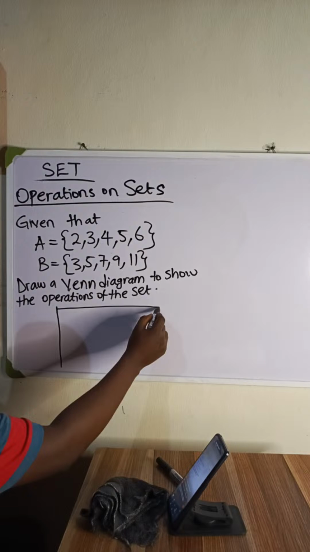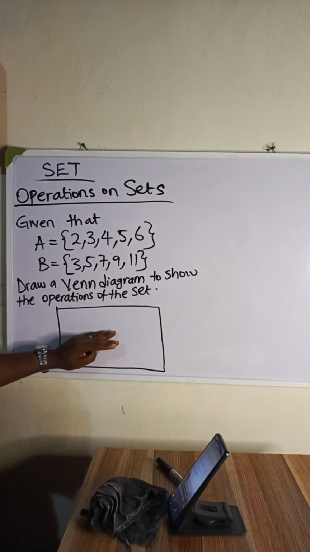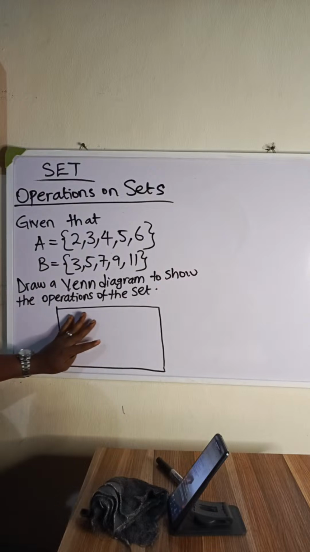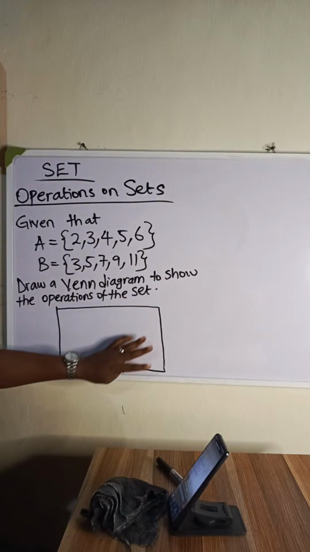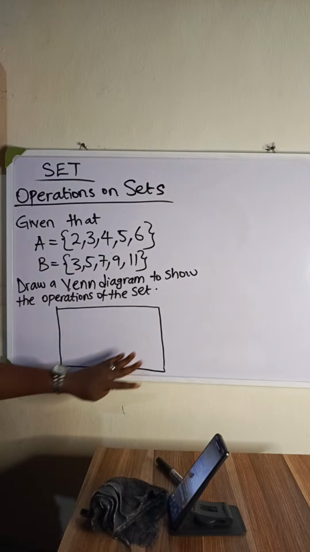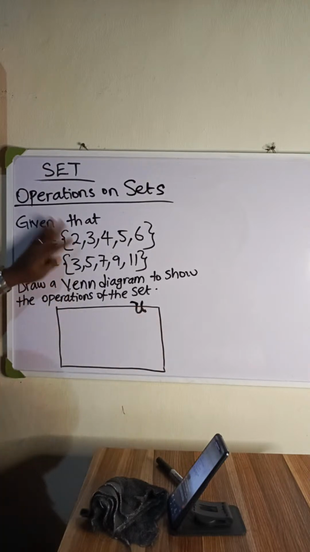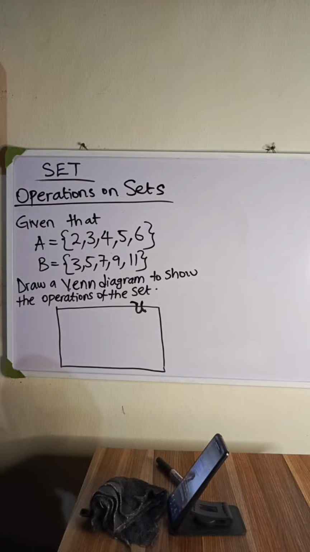So here represents the universal set. Everything here means the universal set. We don't bother about writing it out because we are not told about that. We're only told to draw this in a Venn diagram. Okay?